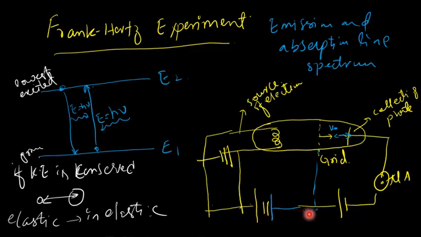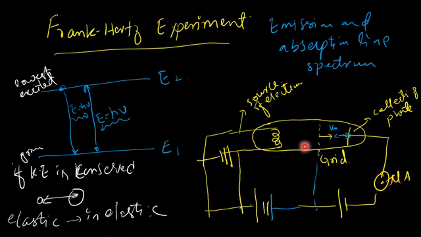When we increase the accelerating voltage, more and more electrons arrive at the collecting plate. As a result, the ammeter shows a rise in current.